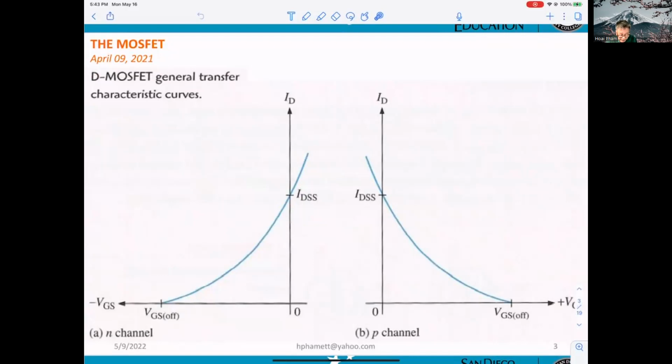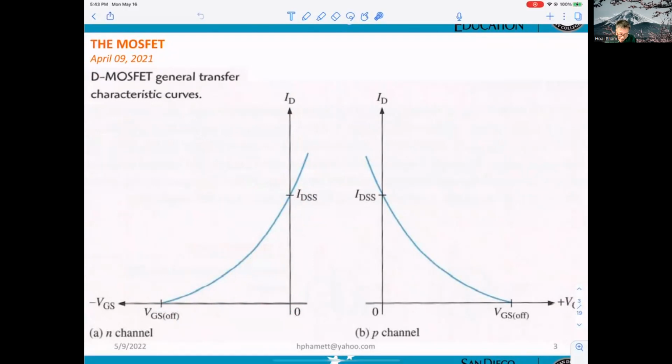The MOSFET general transfer characteristic: on the display you can see it's the same as the JFET we already did. This is the IDSS and the VGS off.